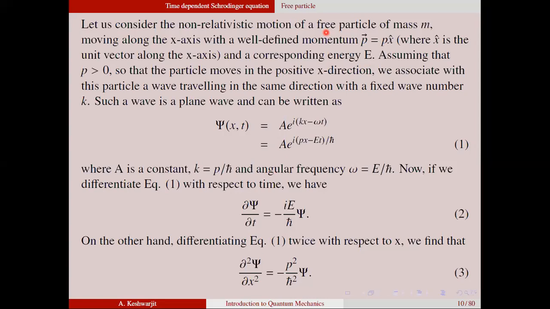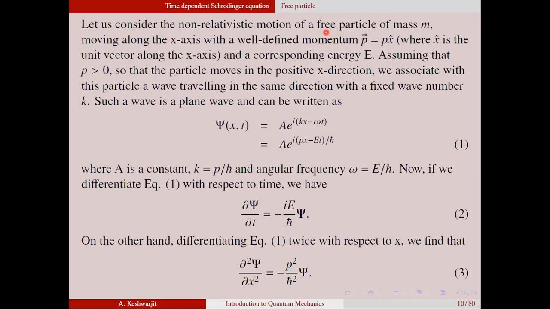When there is no external force acting on the particle, the potential energy of the particle remains constant. So for a free particle, the potential energy has a constant value, and that constant value can be easily taken to be zero for simplicity.